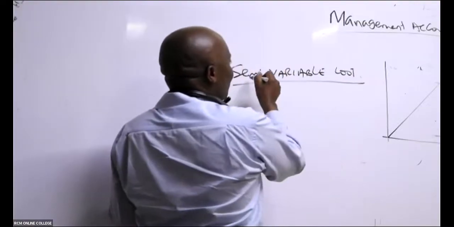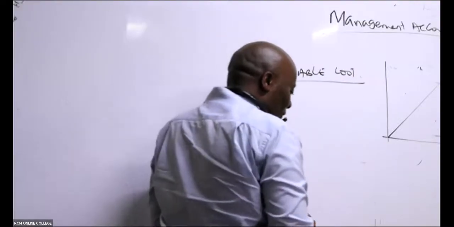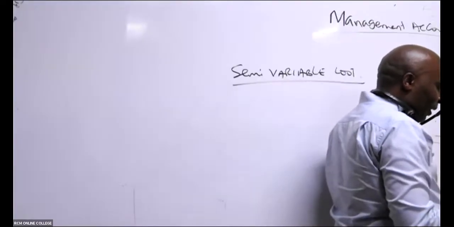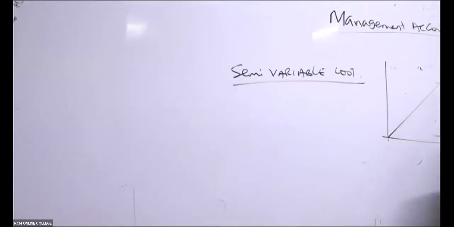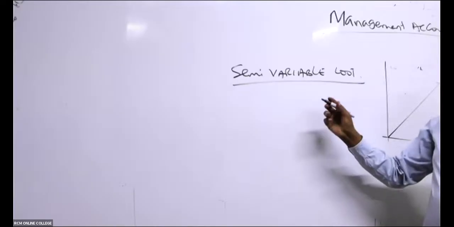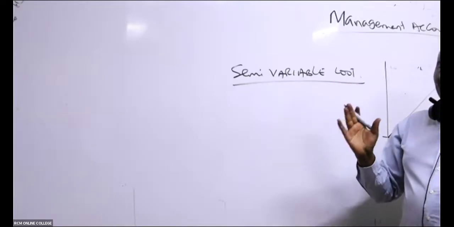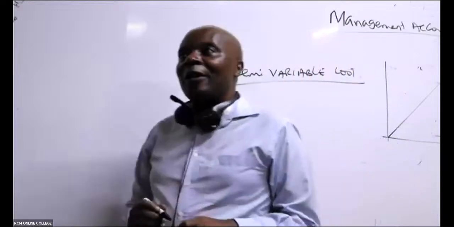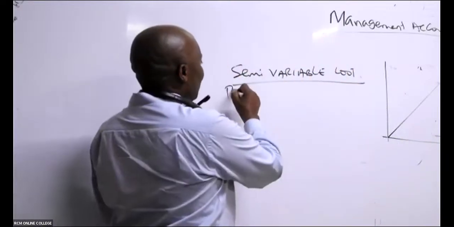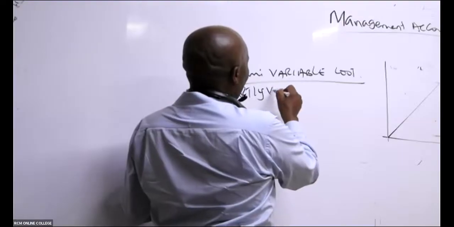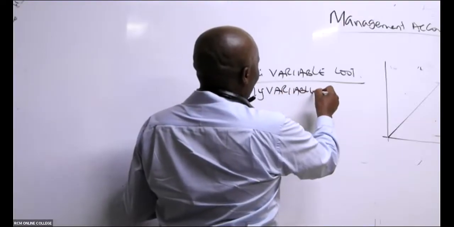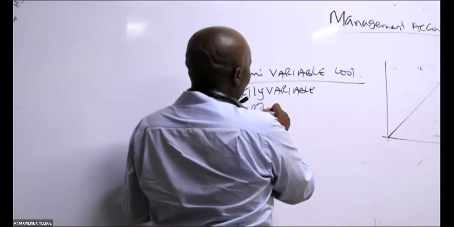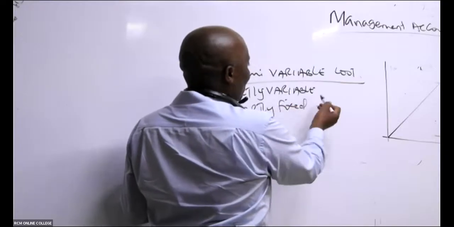From the word semi, for those of you who play football, semi means like half time, isn't it? Partly. So semi-variable costs are those costs which are partly variable and partly fixed.